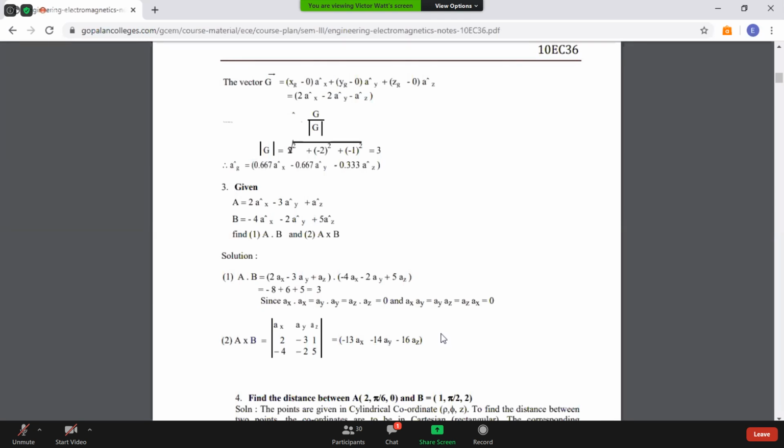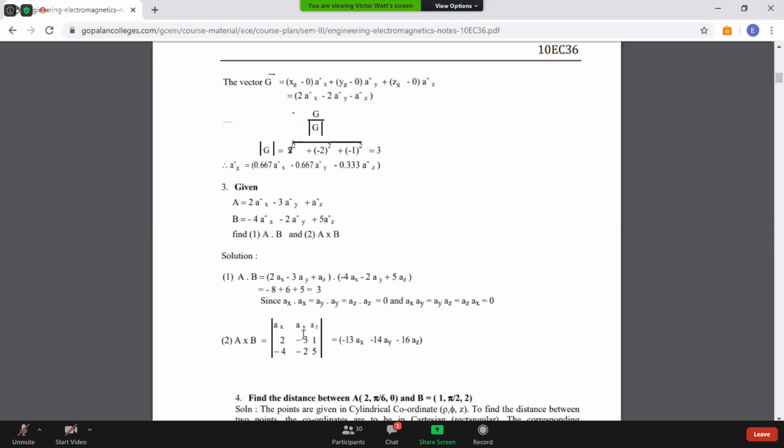Run it again, sir. We're doing this determinant. AX: minus 3 times 5, minus 1 times minus 2, so that gives minus 13, right? Yes, sir. This is minus 15 plus 2, minus 13.